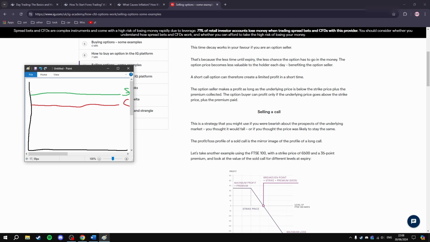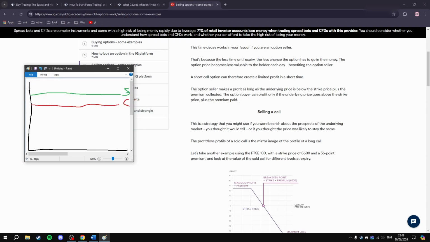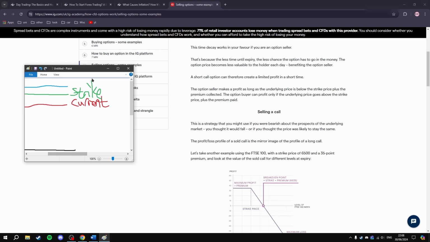Your premium would be on top of this. So this bit will be your strike plus your premium.